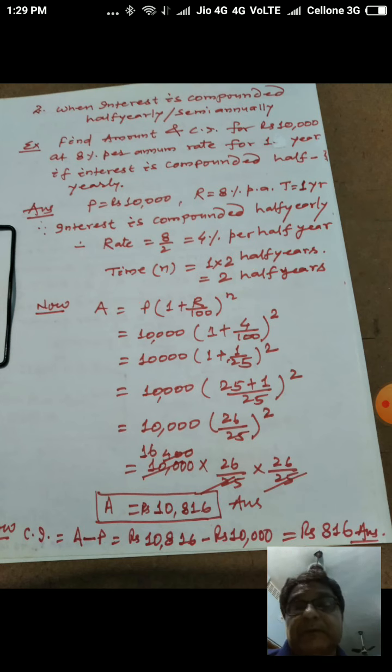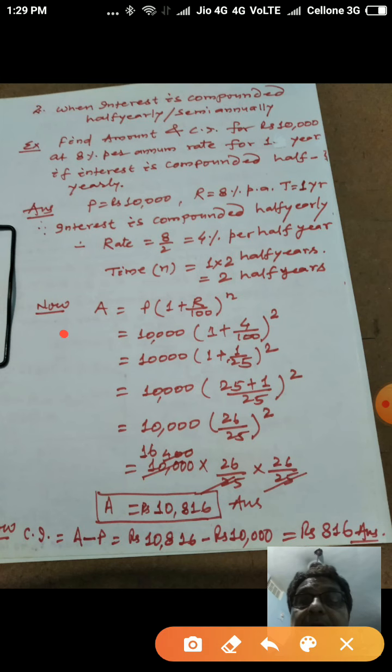We will use the same formula for amount, equal to principal times (1 plus r by 100) to the power n, and putting all these values we get amount equal to 10,816. So the borrowed amount was rupees 10,000, but we have to pay rupees 10,816.